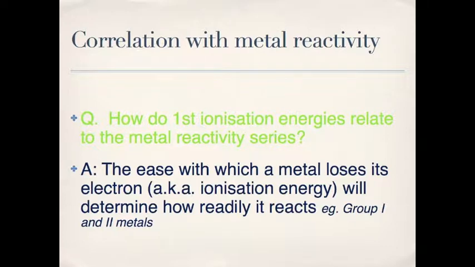As we saw with group 1 metals, as you go downwards, they're easily going to react because they have a very low ionization energy. It is easy to remove their electrons, and so therefore they're very reactive compared to metals further along on the right on the table. They have higher ionization energies and therefore are less reactive.